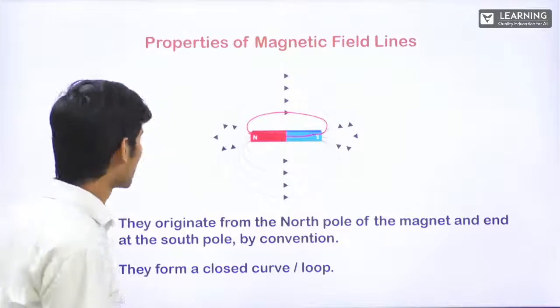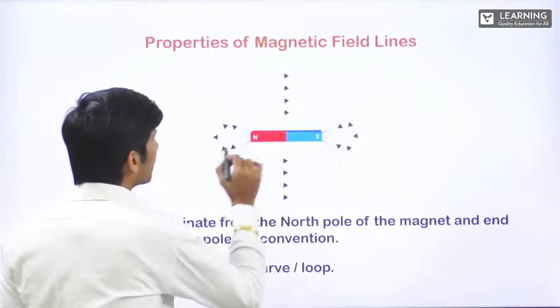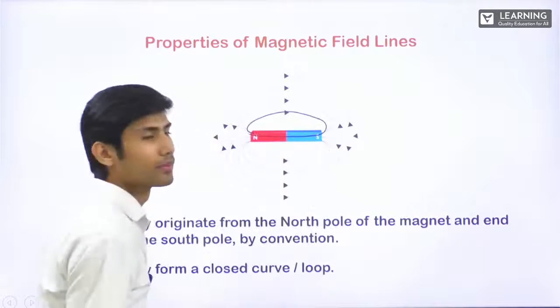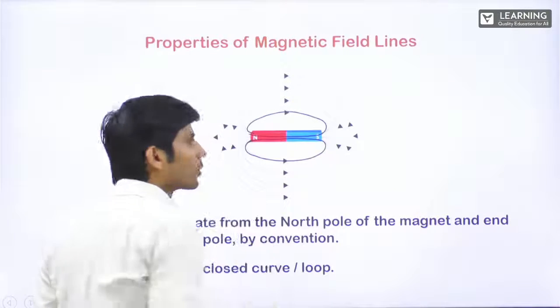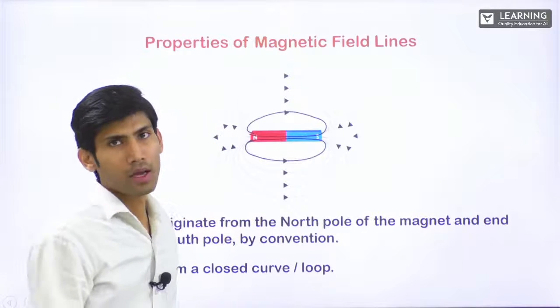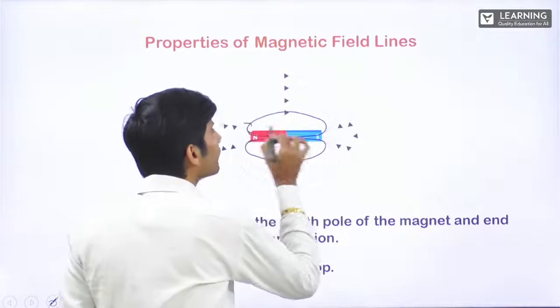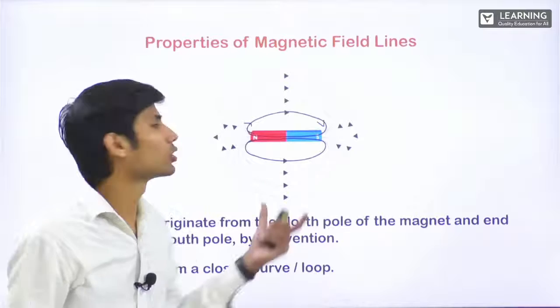Clear? So outside it will be like this, inside it will go and join. This also, outside it will be like this, inside it will go and join. Okay, so all these magnetic field lines will be closed loops. Now the direction, outside the magnet the direction will be from north to south.